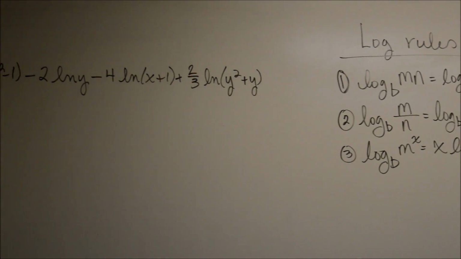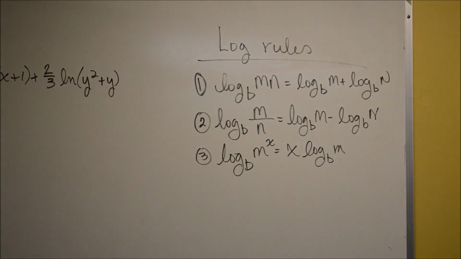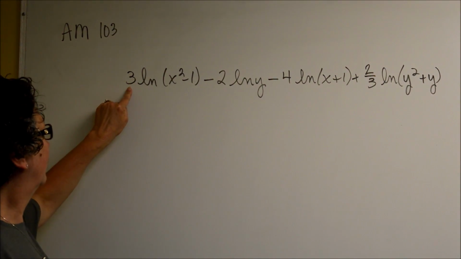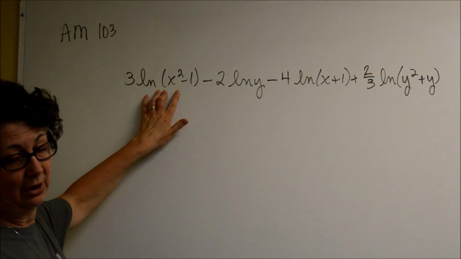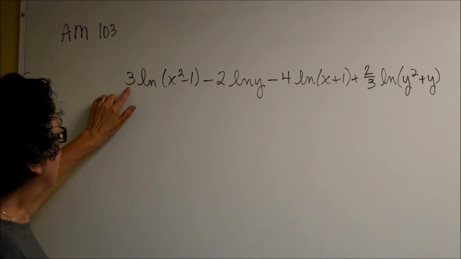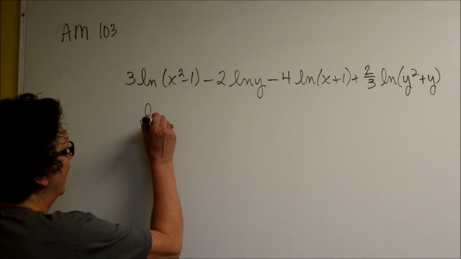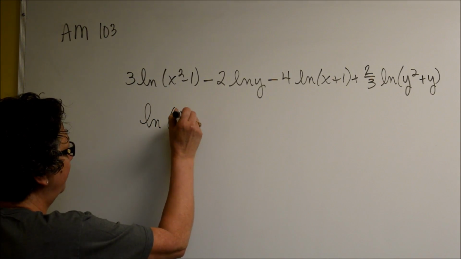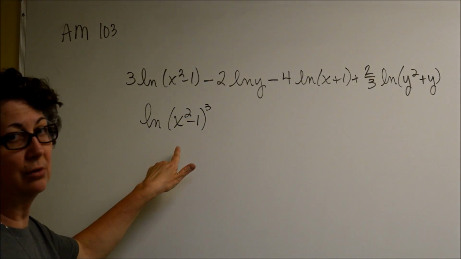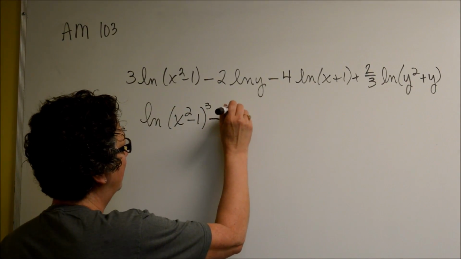Either way. So I'm going to start with that number 3 right there, because this 3 to the front is a 3 times an exponent, because remember, a logarithm is an exponent. So I can take that 3 and make him a power. So I've got the natural log of x squared minus 1 raised to the 3rd power. It's the same thing as. And I'm going to do it with the second one.